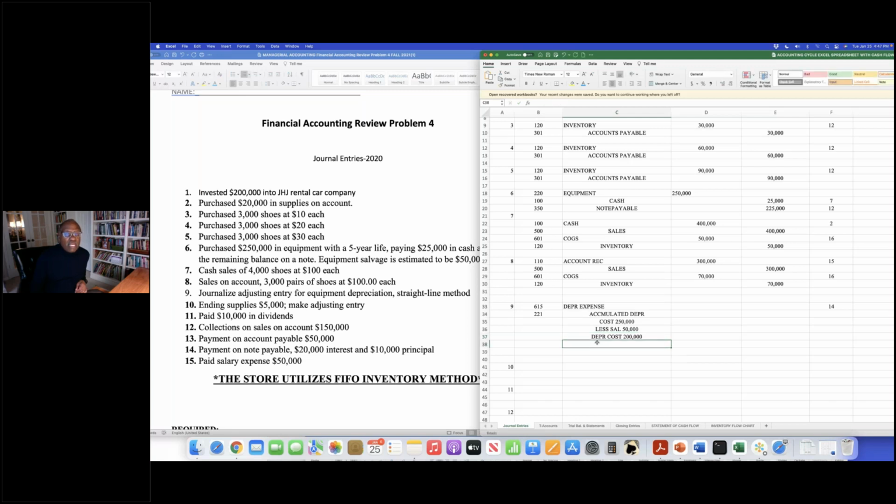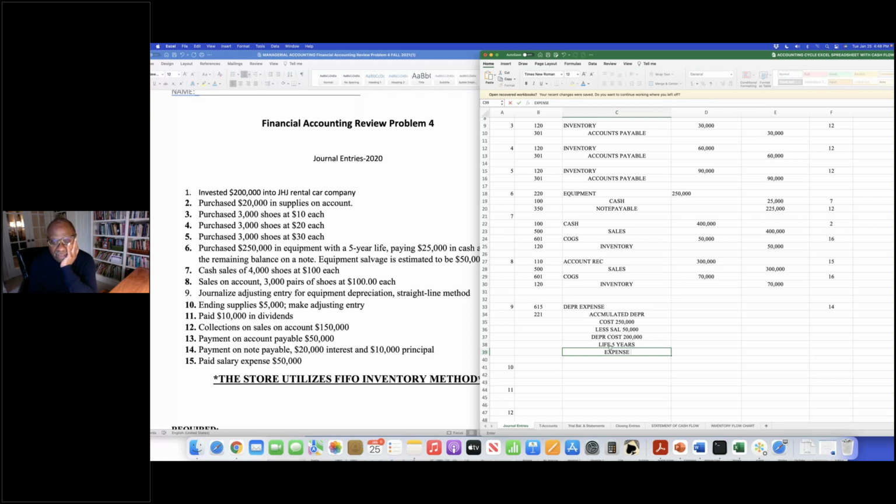Our life we said was 5 years. So all we're going to do is divide 200,000 by 5 years. And so what's our expense? What's 200,000 divided by 5?